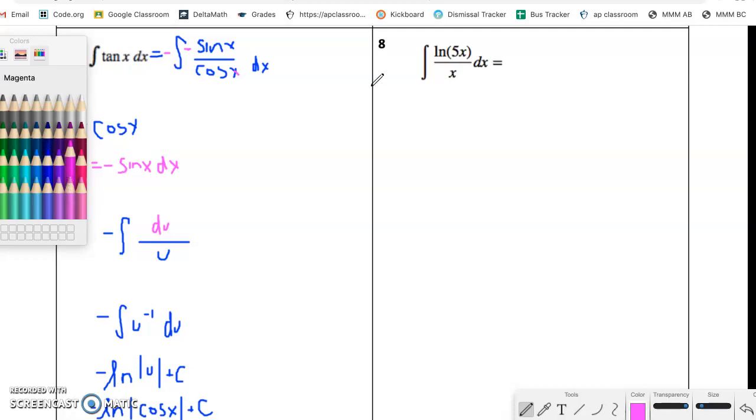So the first thing that happens when I look at this is I see we have this 5x in parentheses. So I'm going to say u equals 5x. So my du, my derivative of u, is just going to be 5 dx.